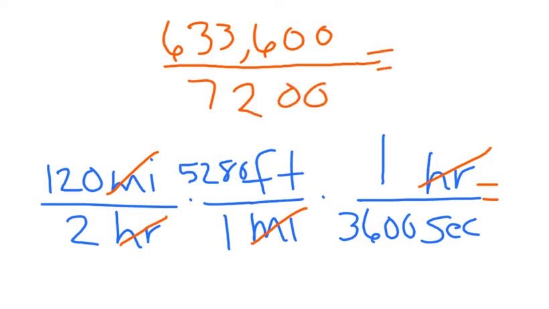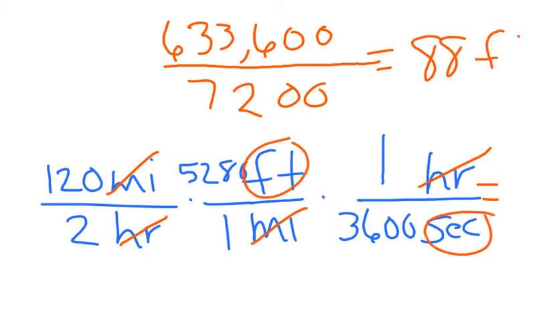When you divide, you get 88. 88 what? Feet per second. Remember, the problem asks you to change it to feet per second. 88 feet per second, per 1 second. That's a unit rate. You don't have to have the 1, but unit rates always are per 1 item.